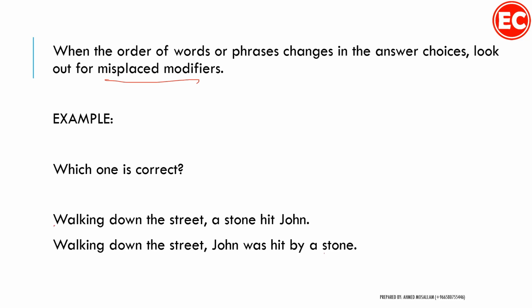Simple rule: walking down the street, who or what? Ask yourself this question. Is it a stone or John? After the comma directly, you must place the subject or the noun that is modified. For sure, the first one is wrong. The second one is correct, because John is the one who is walking down the street.